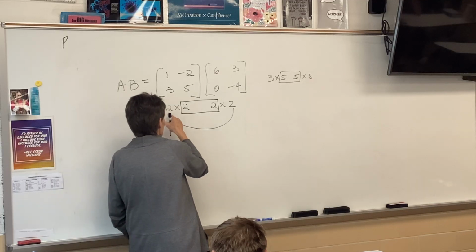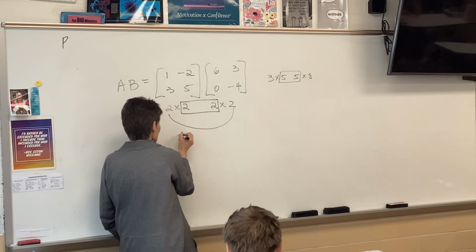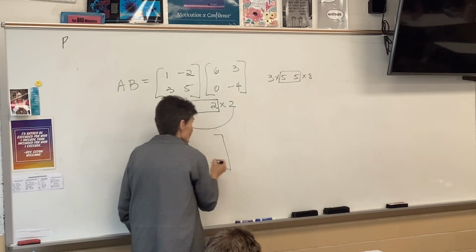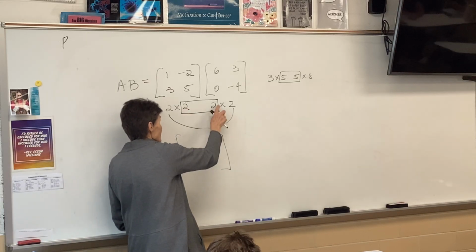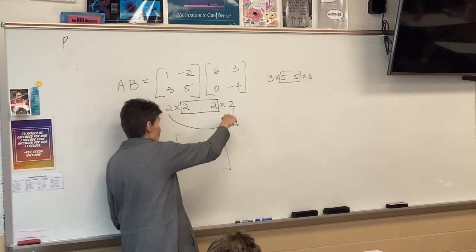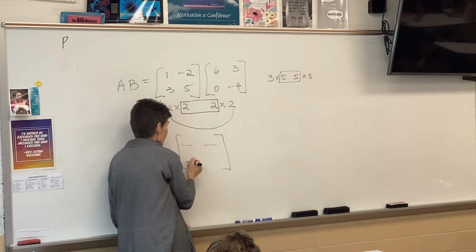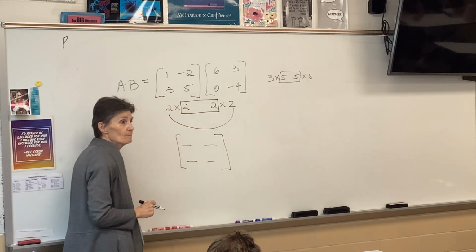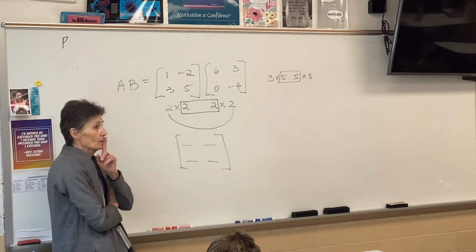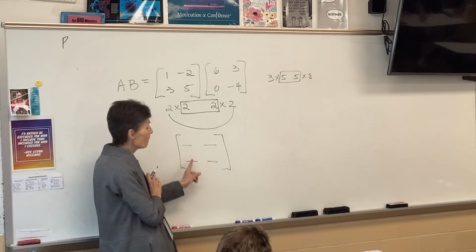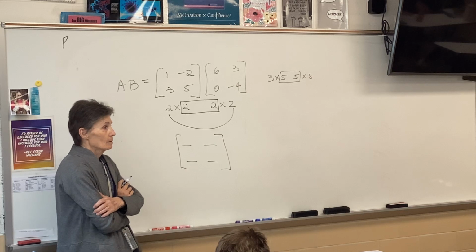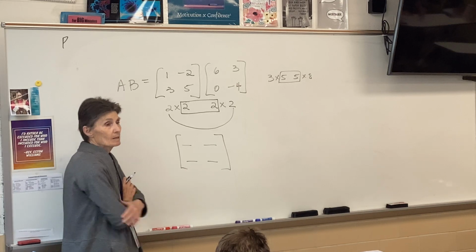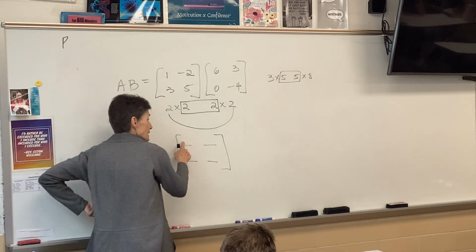So this answer is going to be another 2 by 2. So the insides match, and the outsides tell me how big my matrix is. So I have 4 numbers to figure out.